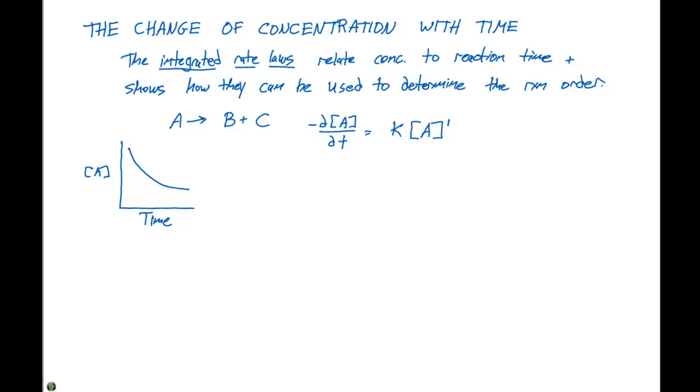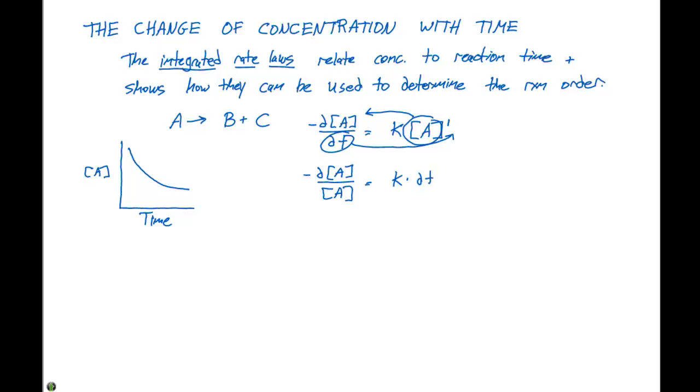If we take the change in concentration and the change in time and put it over here to the right-hand side of the equation, and if we take A and exchange it over onto the left-hand side and do a little bit of algebra, we get the following expression: negative dA over A is equal to k times dt.